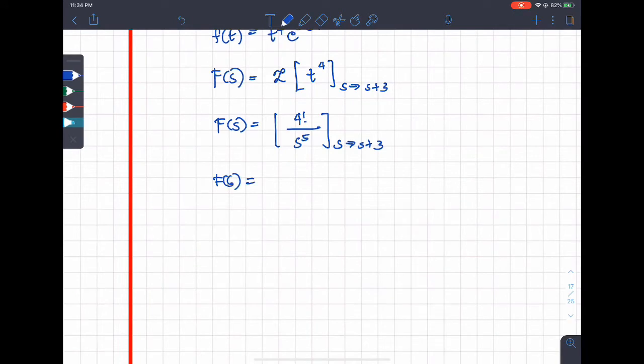So F of s would be 4 factorial, which is 2 times 3 is 6, times 4 is 24, over s plus 3 raised to 5. That will be our Laplace transform using the shifting theorem: 24 over s plus 3 raised to 5.